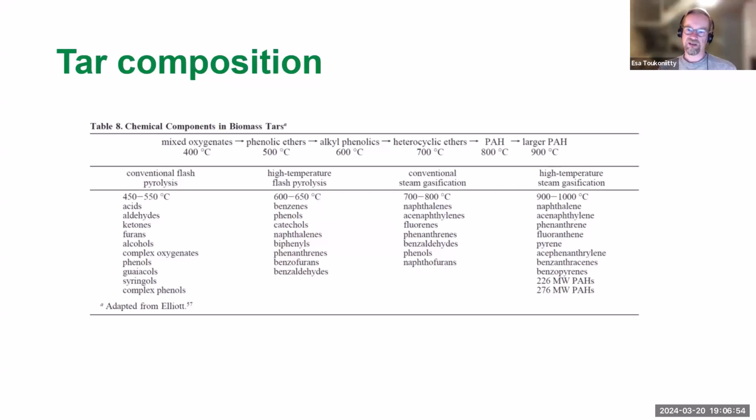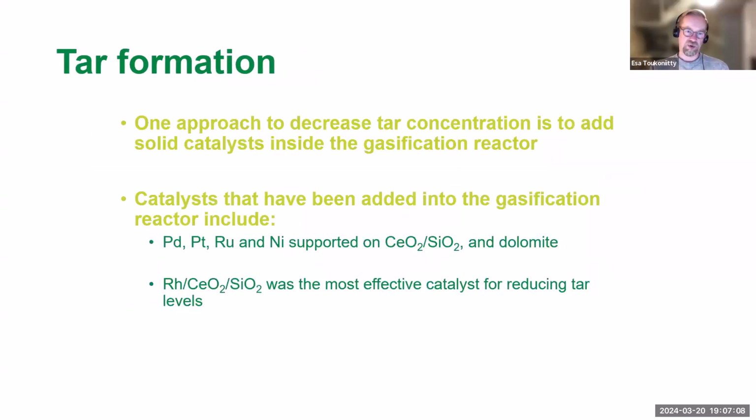It can be liquid, but when cooled down, it turns into a solid, and that basically causes the problem that it will not exit the reactor that easily as the other products.